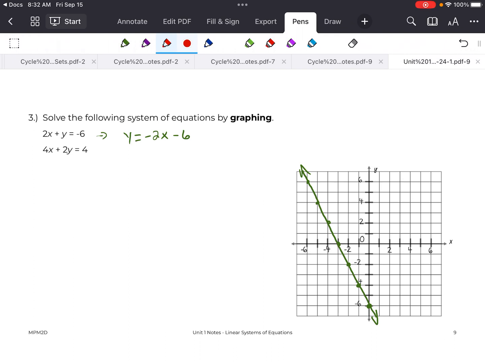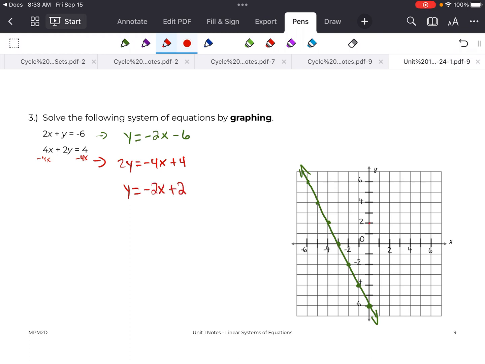And then the second one, we're going to move the 4x over, so we get 2y equals negative 4x plus 4, and divide everything by 2, negative 2x plus 2.